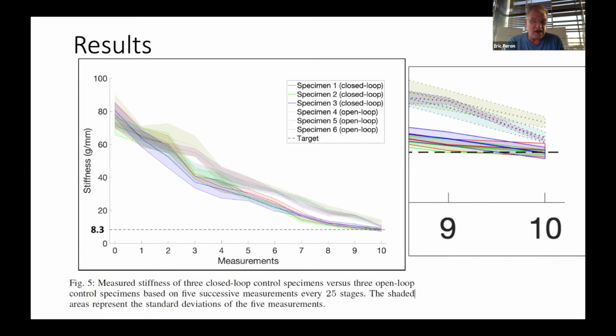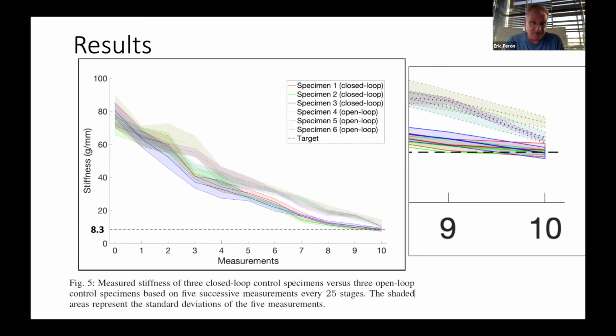And as the layers are added and the measurement keeps being taken at the top of the beam, it gets lower and lower, corresponding to intuition that the taller the beam, the less stiff it is.